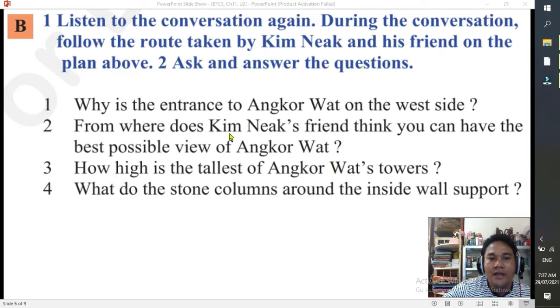From where does Kim Nia's friend think you can have the best possible view of Angkor Wat? Through the conversation that you heard, please answer this question.